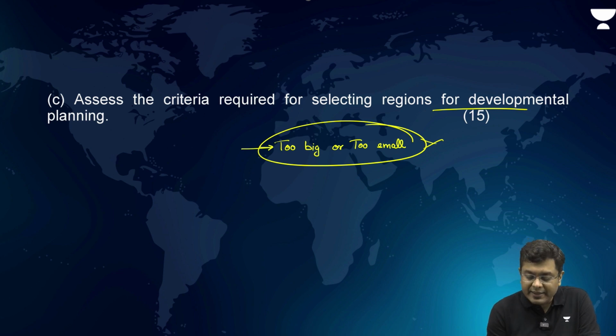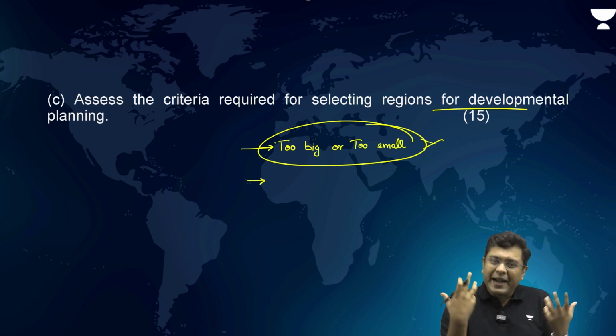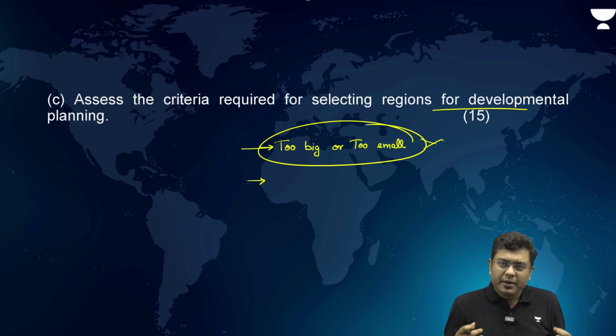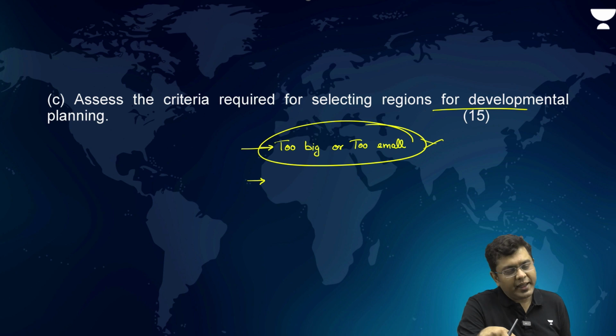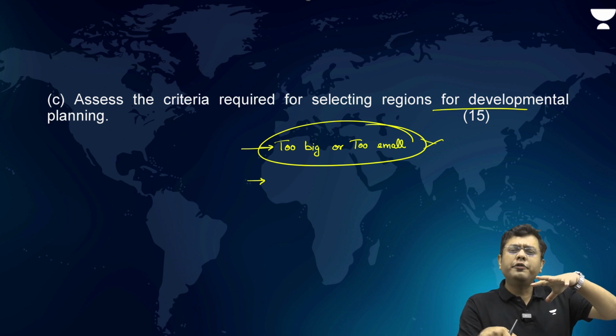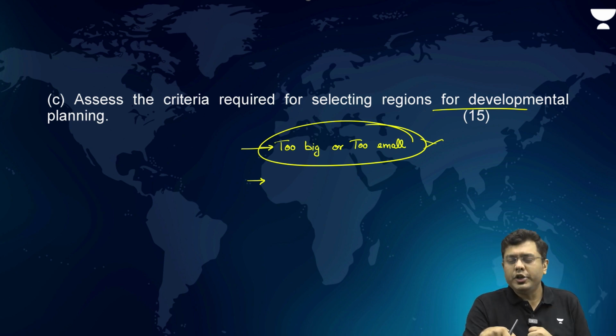Then other than that, they should have a unique cultural binding factor, bringing towards an integration in that area. Some amount of resource availability should be there. Then nowadays you also have regions experiencing similar vulnerabilities owing to climate change. Regions having similar kinds of agro-ecological conditions or spatial conditions.